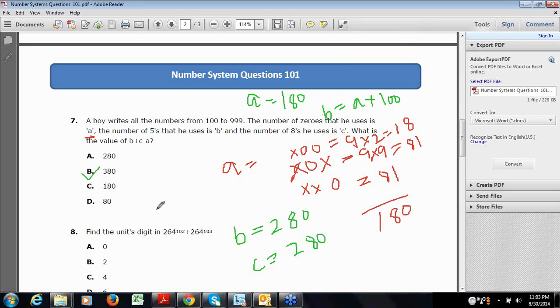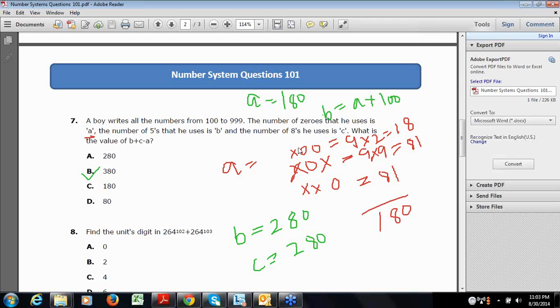Anybody has an issue how we got B and C? Okay, let me repeat once again. A is 180. So what differentiates A from B? Only one thing, that 0 cannot be on 100th position.